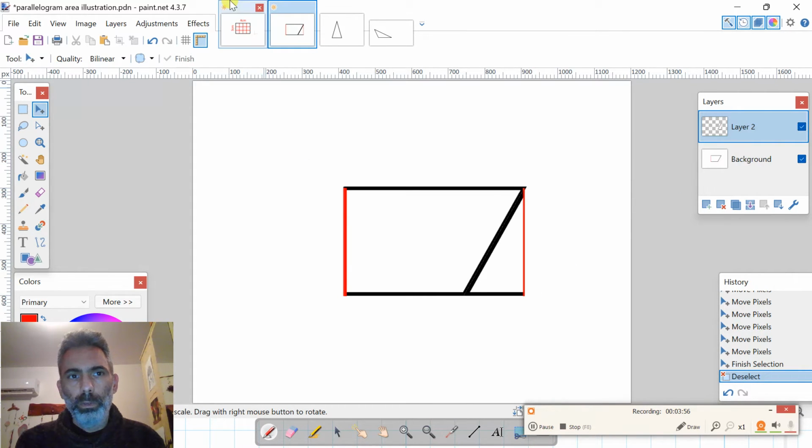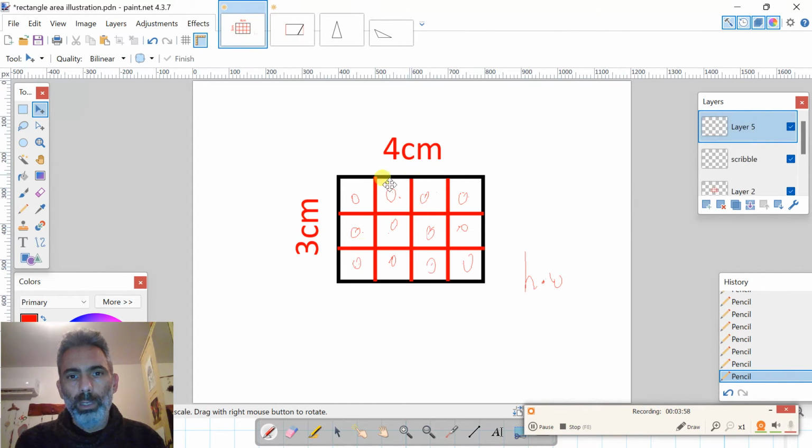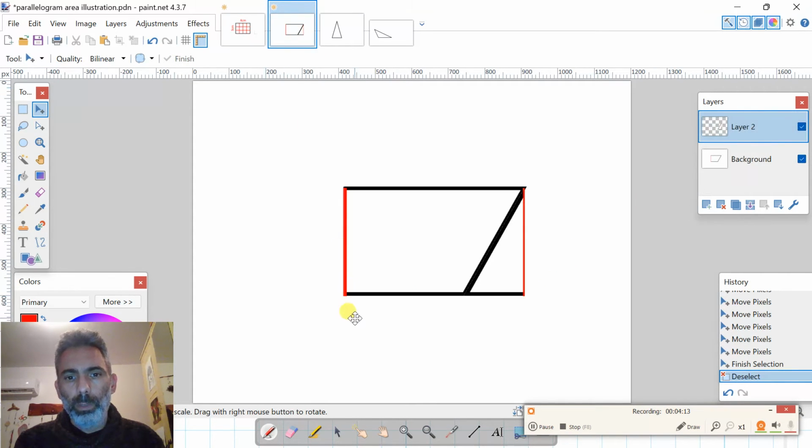And we've already seen that to calculate the area of a triangle, we multiply the height by the width. Or in a parallelogram, we multiply the base, which is this side here, times the height.